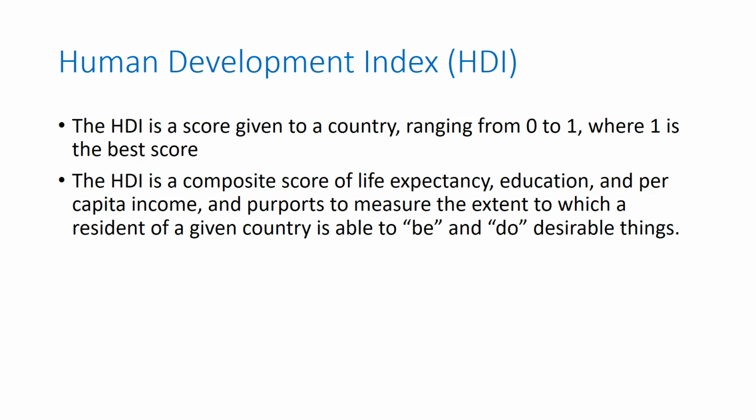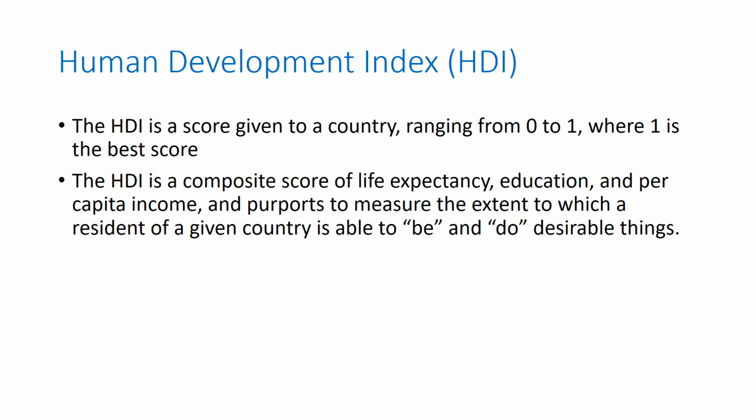So, now that we're talking about more complicated measurements, it's important to remember that this kind of approach is not restricted just to poverty. Lots of organizations seek to find different ways of describing populations for comparison purposes. So a very popular one is called the Human Development Index. The HDI is a score given to a country that ranges from 0 to 1, where 1 is great. It means that you're really well developed, your people have great opportunity, and 0 means life is really hard.